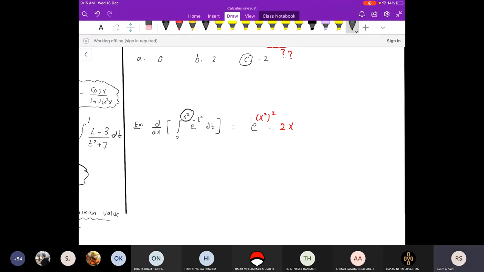We substitute x squared instead of t, times the derivative of x squared. So this is equivalent to e to the power minus x to the power 4 times 2x.